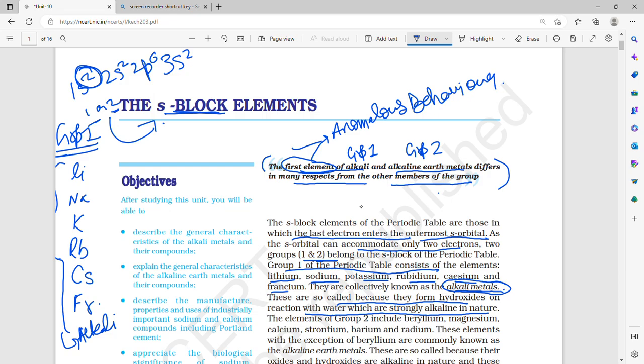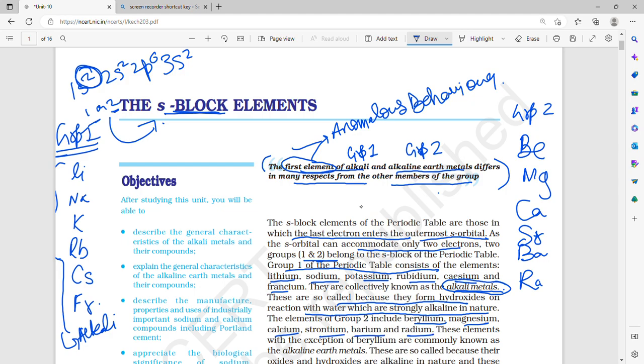Then we come to group 2 elements. They include beryllium, magnesium, calcium, strontium, barium and radium.